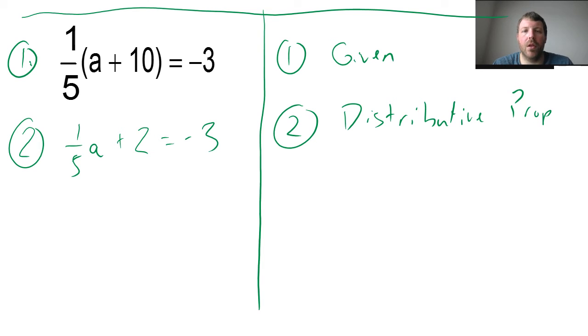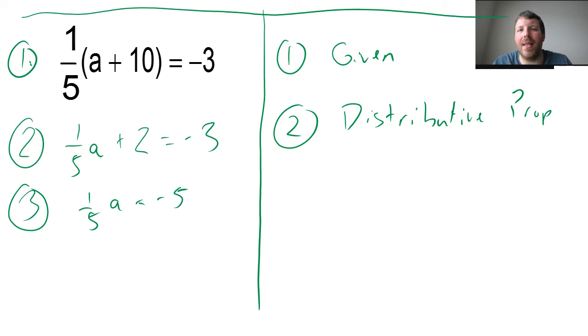All right, so what would my next step be? When I look at this, I see A is on the left side of the equal sign. To get rid of the 1/5 and the 2, we have to move those. We want to first move the 2. Since it's a positive 2, I'm going to have to subtract 2 over to the other side. So my third statement is going to be 1/5 A equals -5.